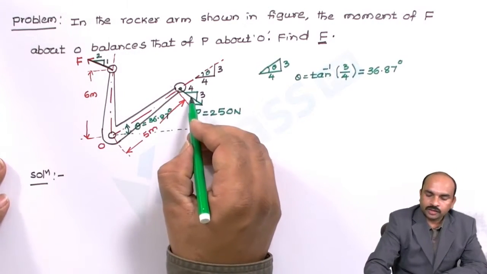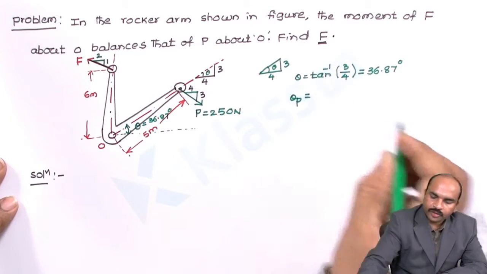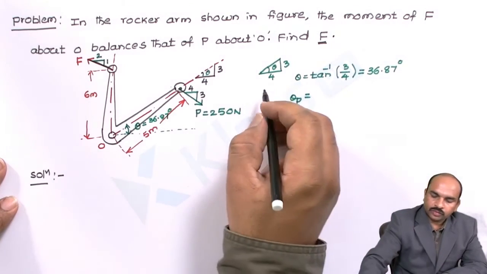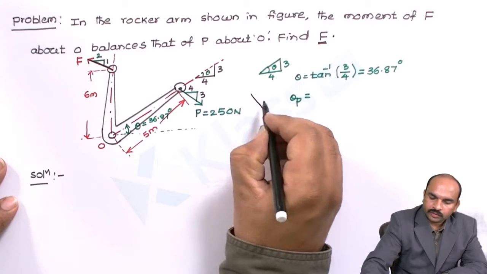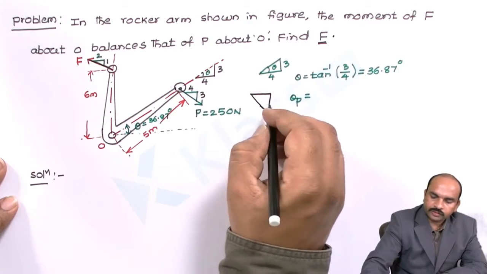Now let us calculate the angle of P, that is theta P. So the slope is given like this.